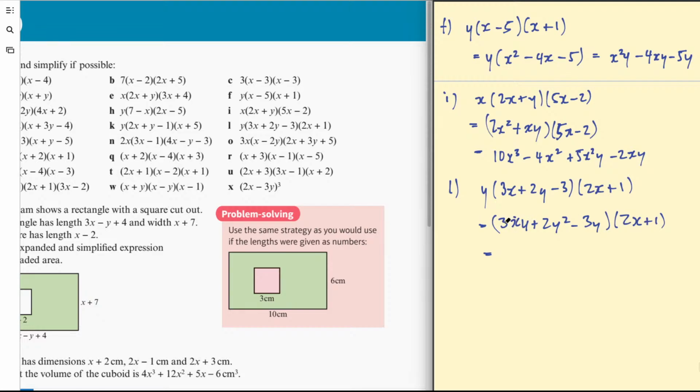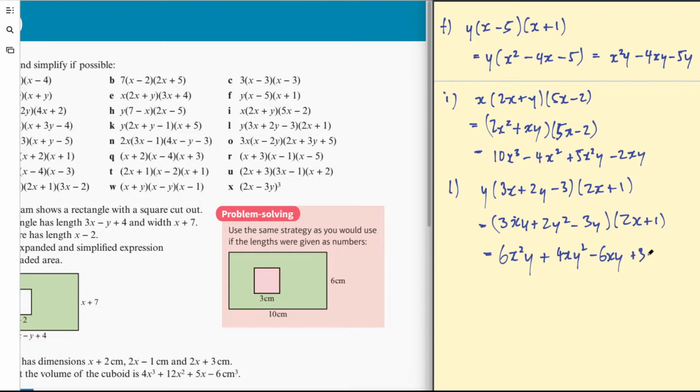So 2x multiplied by 3xy is 6x squared y. 2x multiplied by 2y squared is 4xy squared. And then 2x multiplied by negative 3y is negative 6xy. And then multiply everything by 1, we just have those same terms.